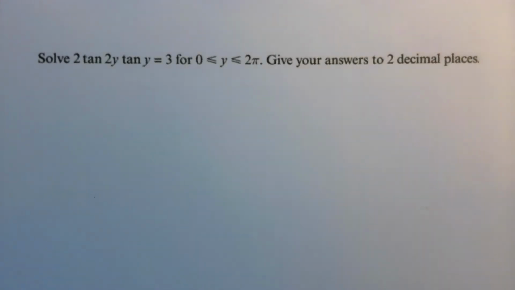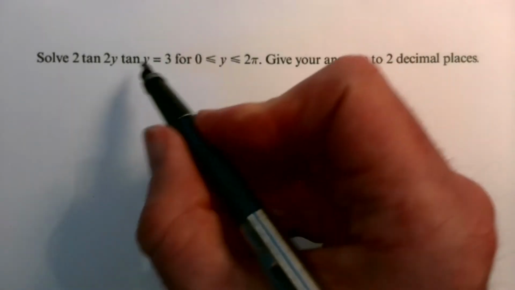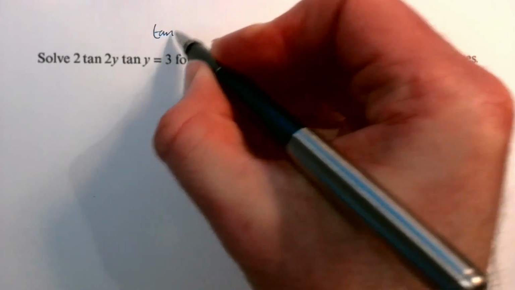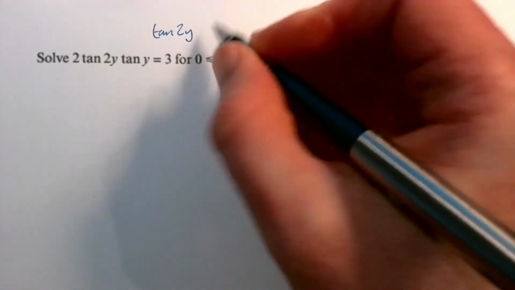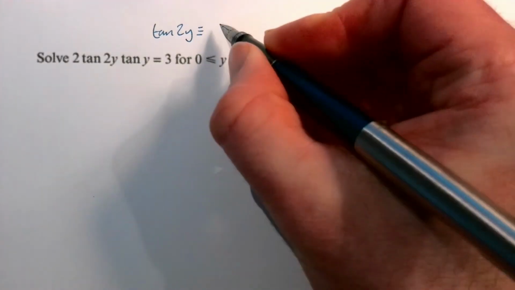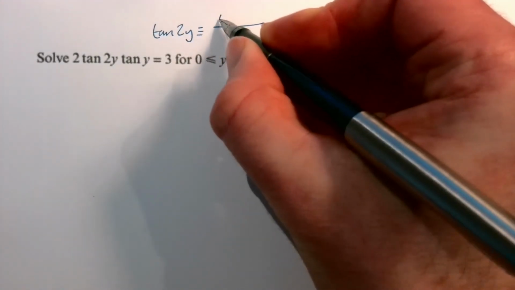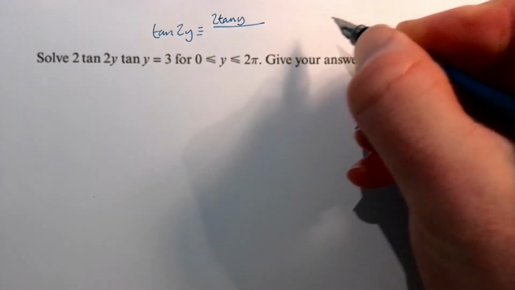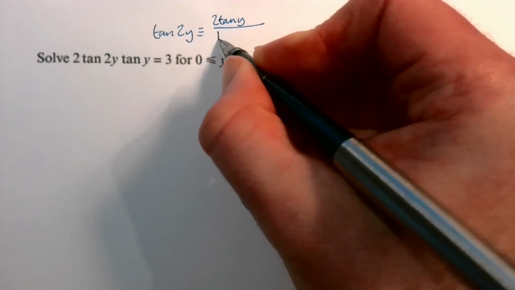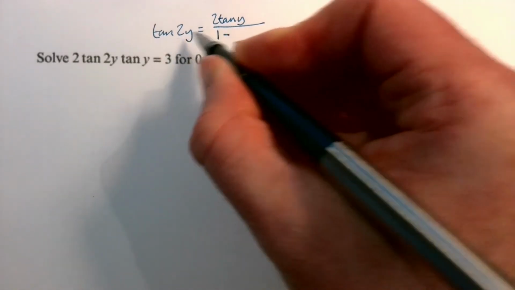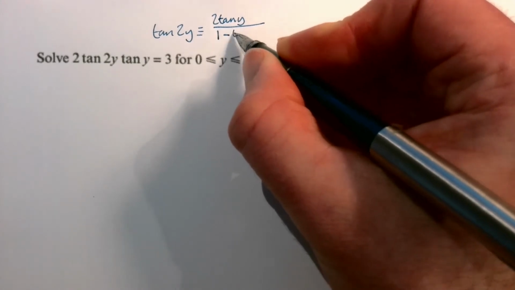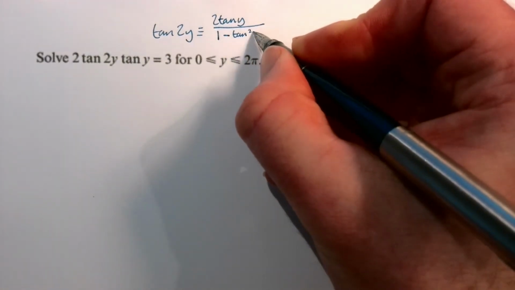Great, so copy this one down, have a look at it, see what you can do. As ever, we've got tan 2y, so this is the bit that we're going to need to affect, and we need to be thinking that tan 2y is identical to 2 tan y over 1 take, on the addition you take, on the take one you add, tan squared y.